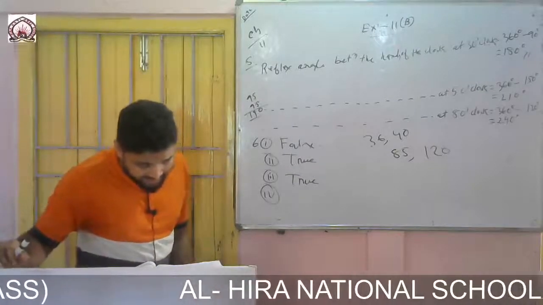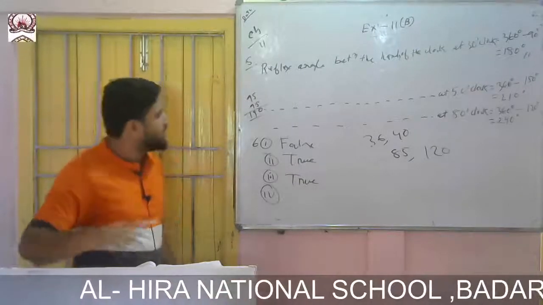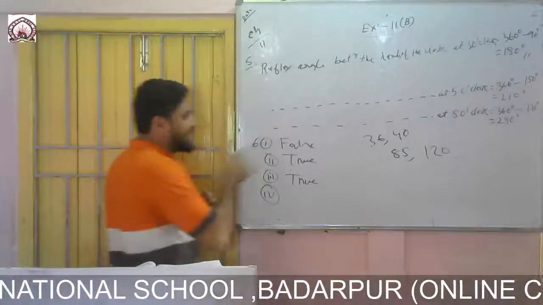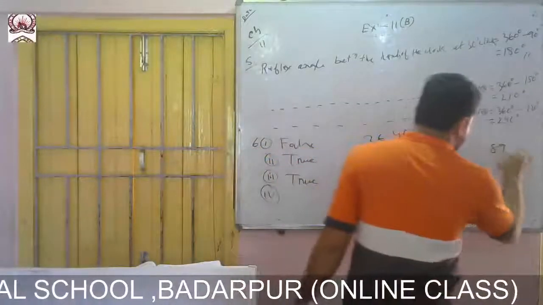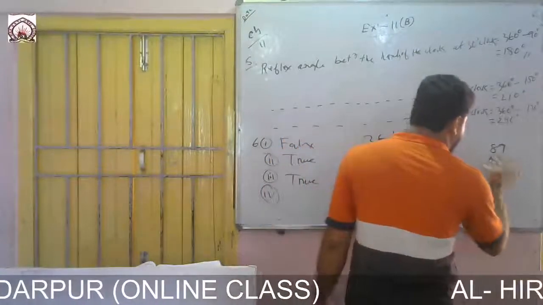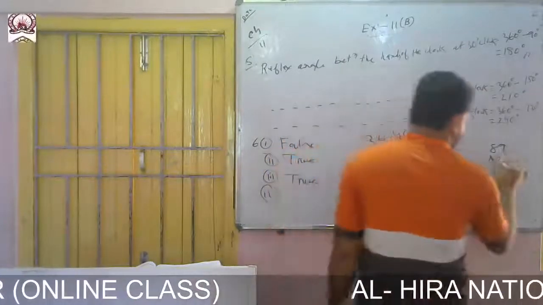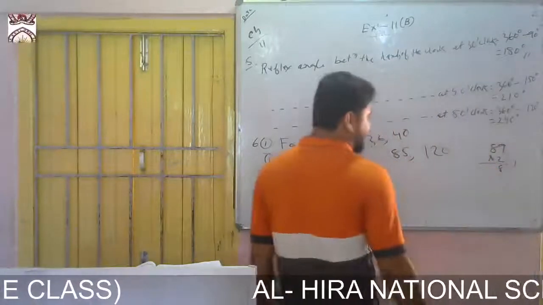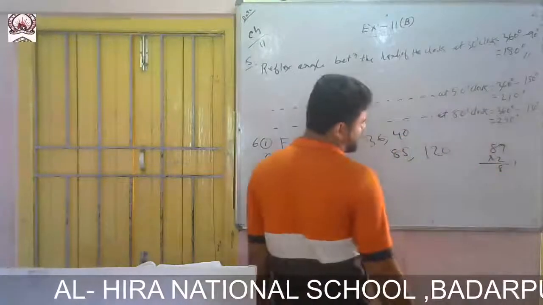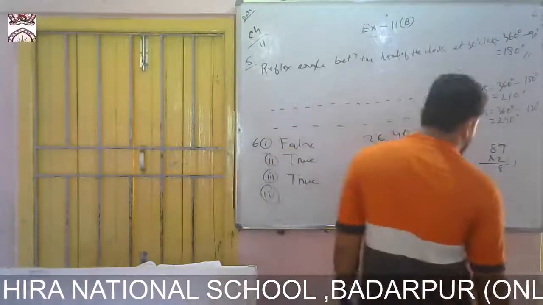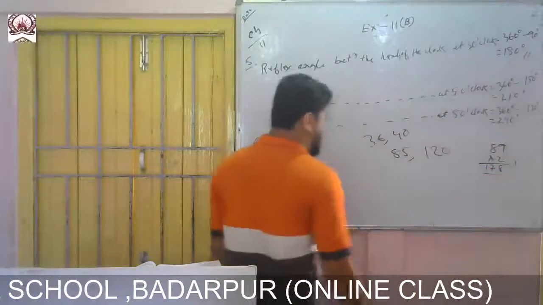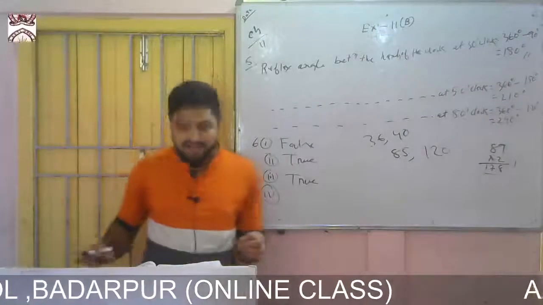If the angle has a measure twice that of an acute angle, so if I take 89 degrees, which is an acute angle, then twice of it will be 178 degrees.